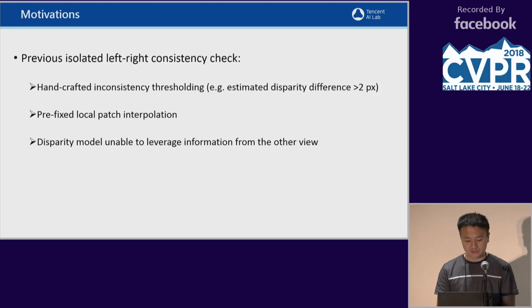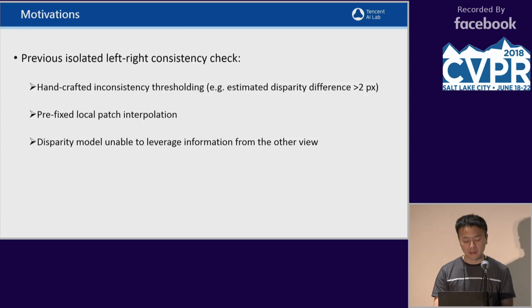However, such an isolated left-right consistency check has several shortcomings. First, it relies on handcrafted inconsistency thresholding. For example, we may treat an estimated disparity difference greater than 2 pixels as inconsistent. Second, it refines the mismatching pixels' disparity by local interpolation within a prefixed patch.